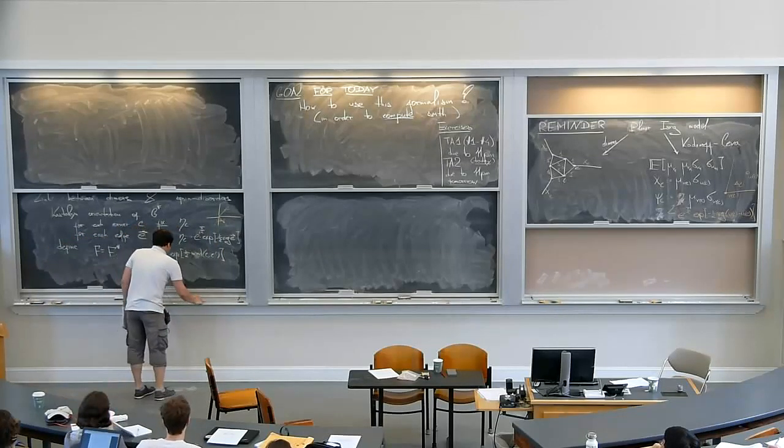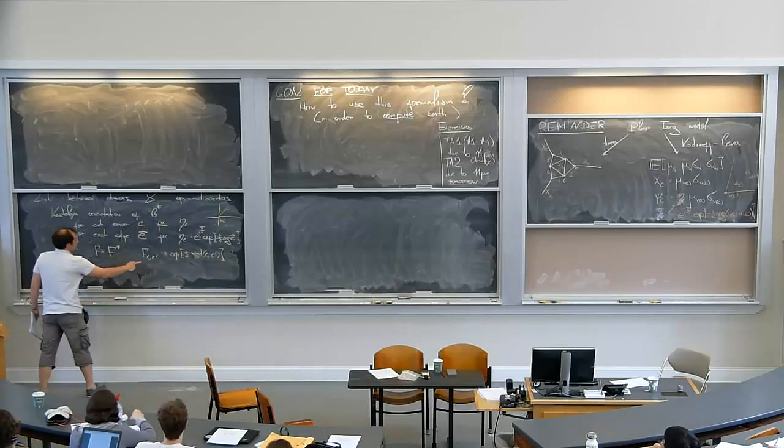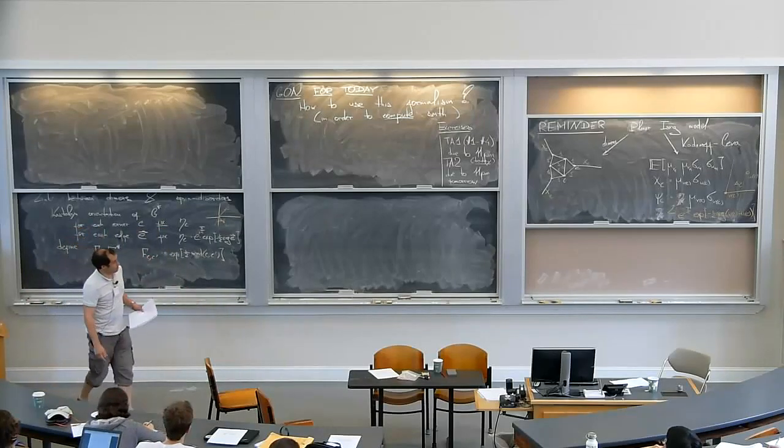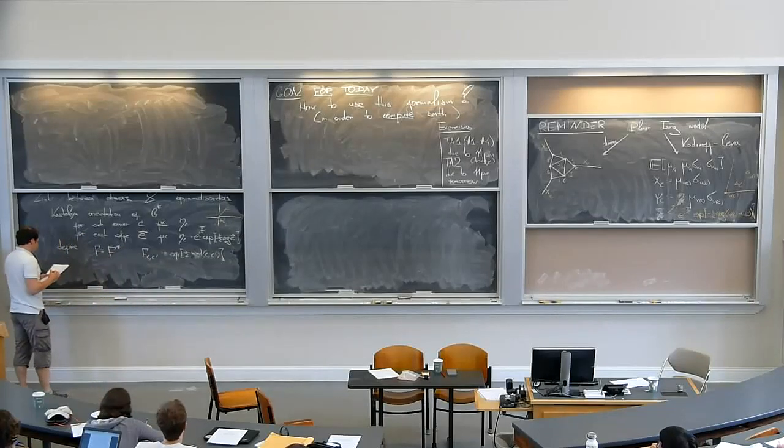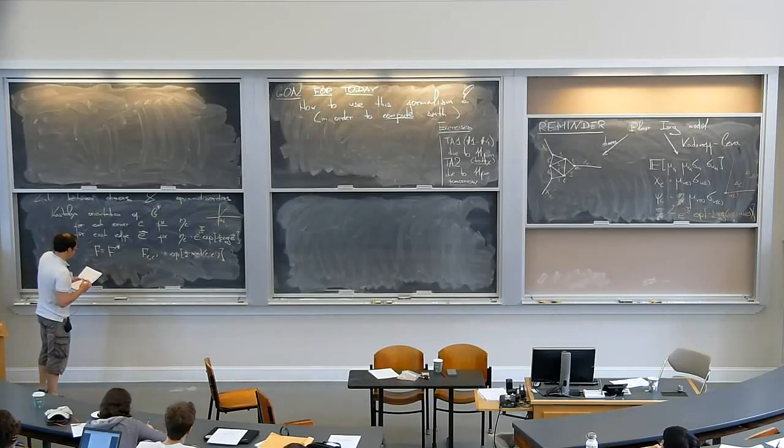So this is the entry between C and C prime, and all the other entries are basically given by similar expressions.